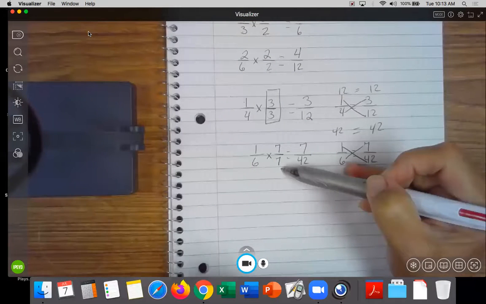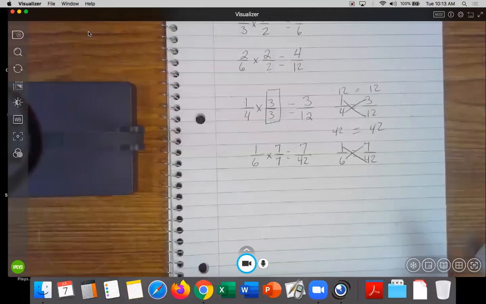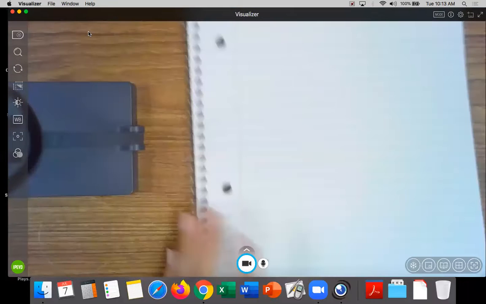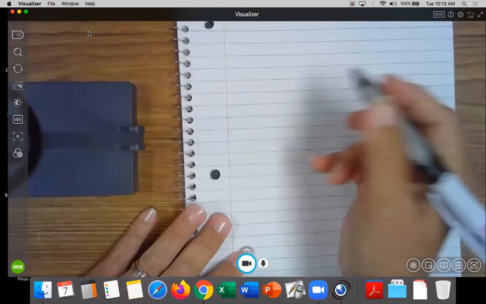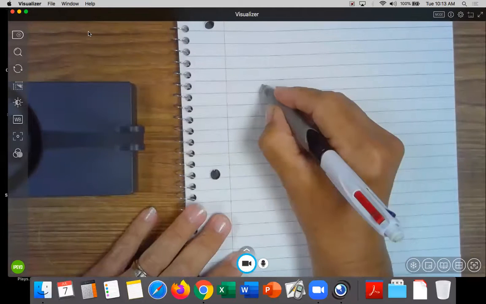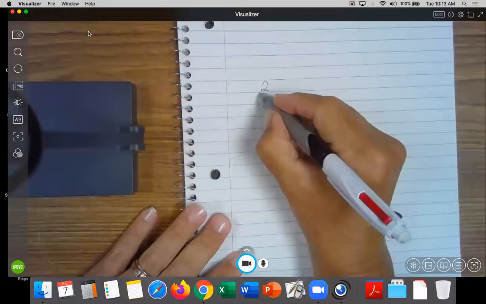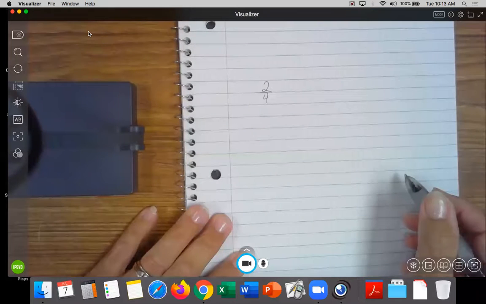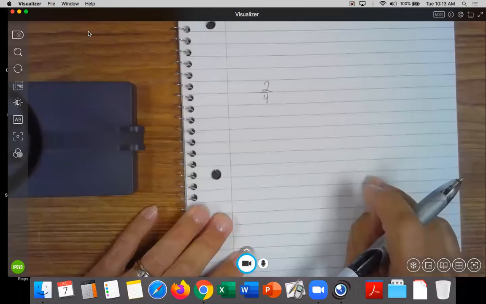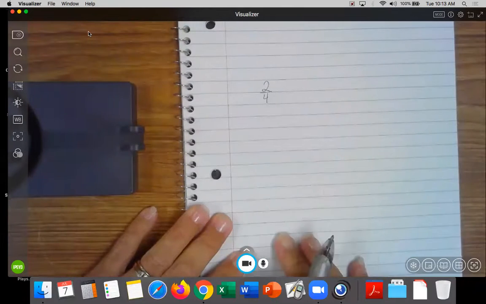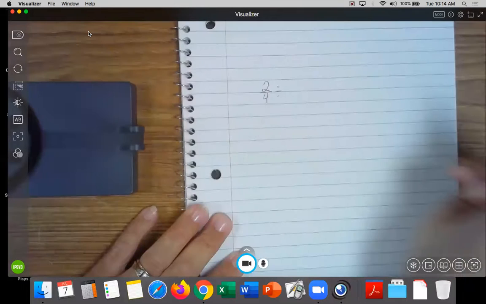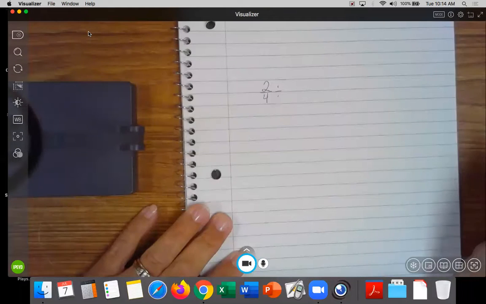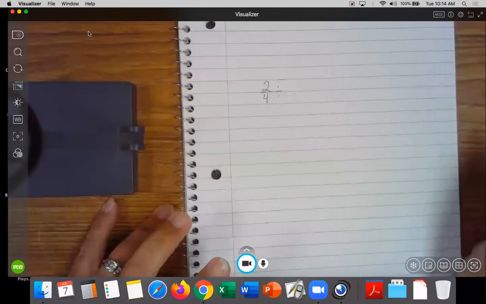Now, let's look at what happens if I have to reduce a fraction. I've got my answer, and we'll work on these tomorrow, I believe. So I want to reduce 2/4. That is not in lowest terms. That is not simplified. I want to reduce or simplify. So I'm going to pick a number that goes into 2 and goes into 4. Does anybody know?